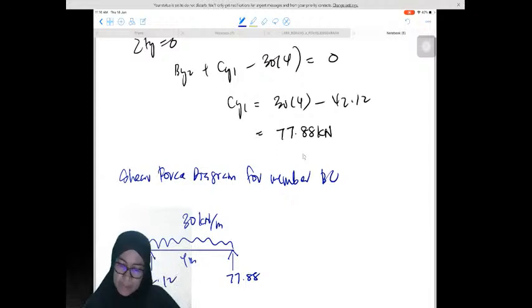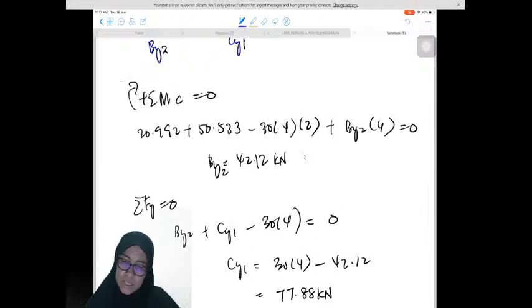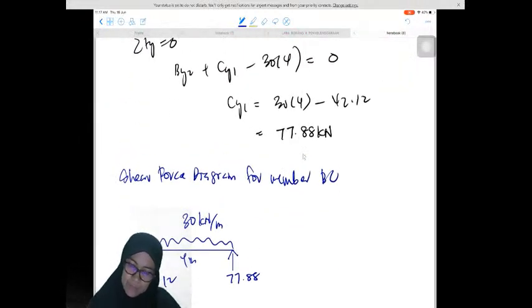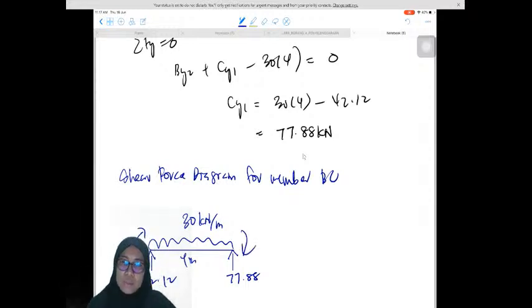The moment is positive, but that doesn't matter because we just want to focus on the shear value in order to draw the shear force diagram.